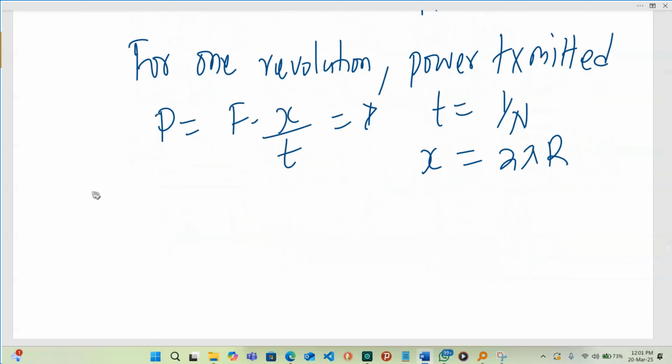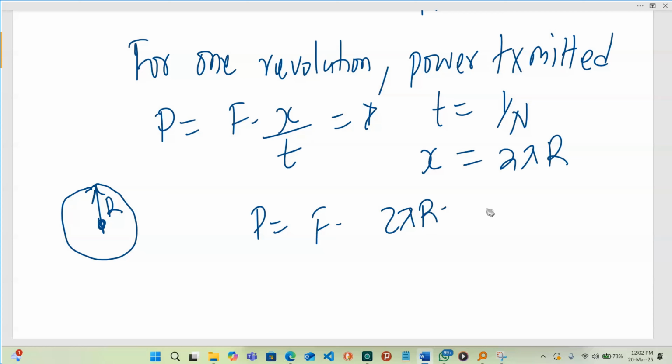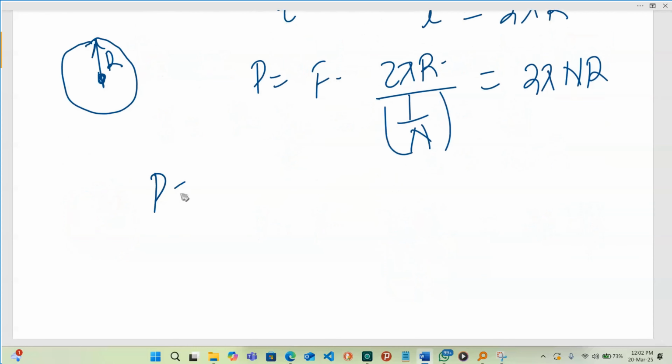That means we are moving around a circle of radius r. So power will be F times 2πr divided by 1 out of n. And this becomes 2πn times r. So our power for one revolution will be 2πnr times F.